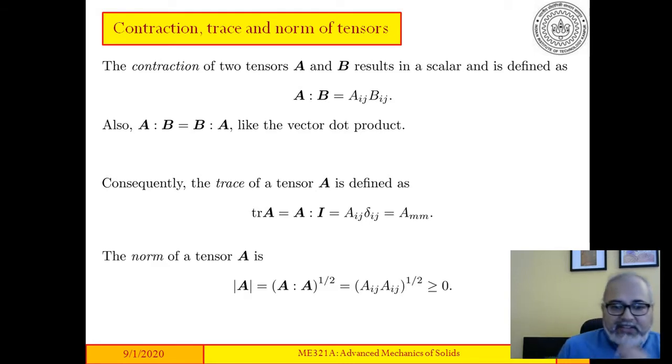The norm of a tensor is defined using the tensor contracted with itself.